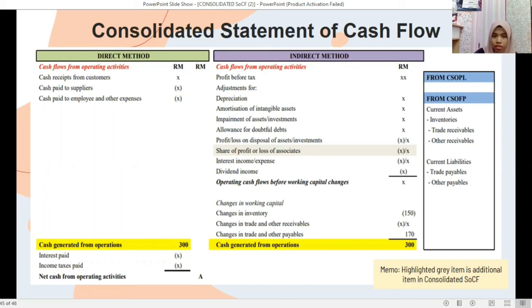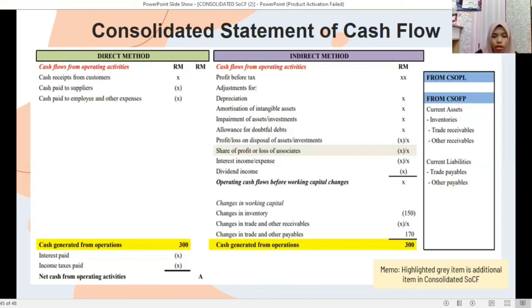depreciation, amortization of intangible assets, and impairment of assets or investment, allowance for doubtful debts, profit or loss on disposal of assets or investment, share of profit or loss of associate, interest income or expenses, dividend income, and we will get operating cash flow before working capital change.